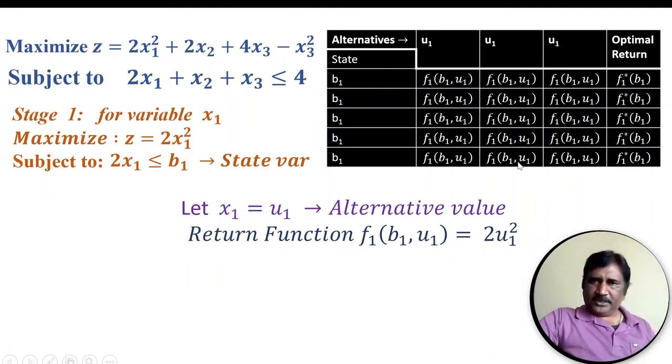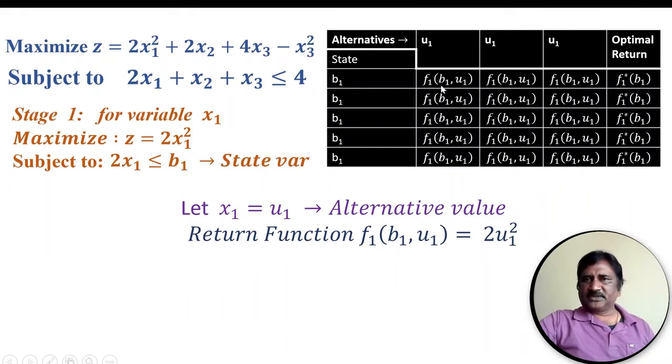And in the body of the table, you will have the return function, which is a function of b1 and u1, right? Depending upon various values of b1 and u1, you will have different values of the return function, right?